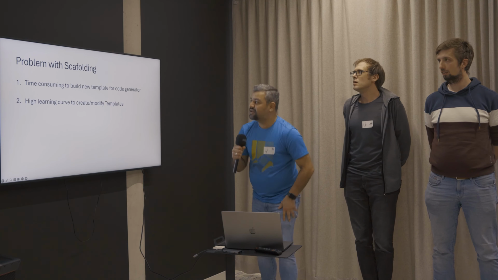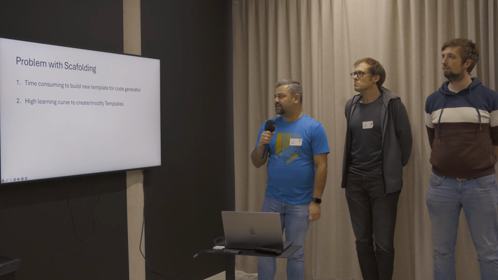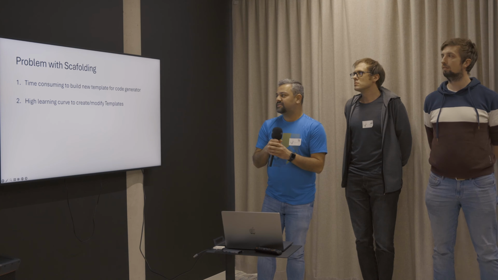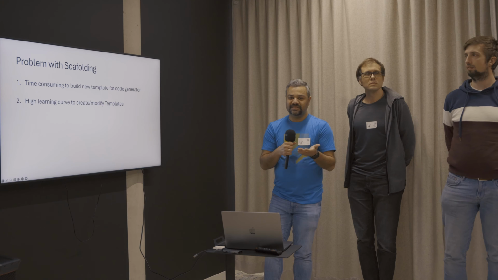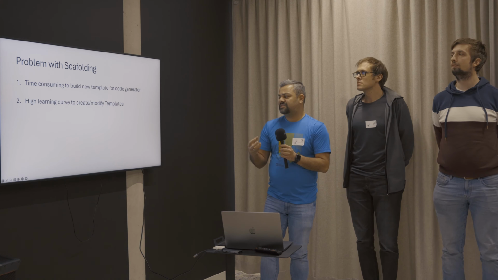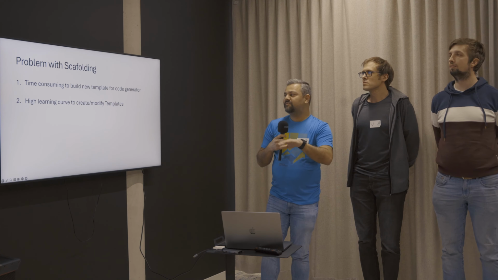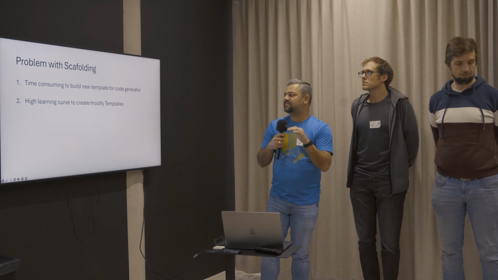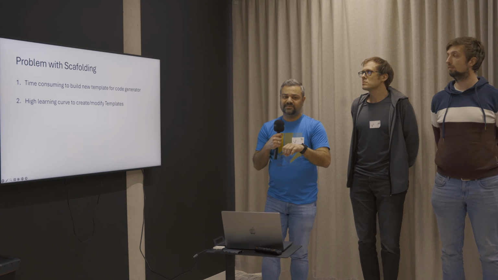So basically we have created a code generator tool, and first I will tell you about what kind of problem we solve, because we already have a lot of code generators. The problem with current code generators is they work very fine initially, but it's very time consuming to build new templates for these code generators.